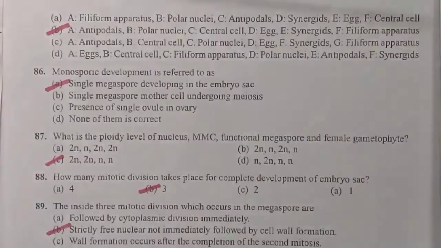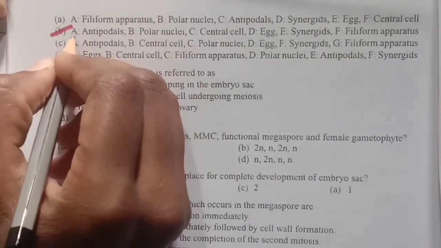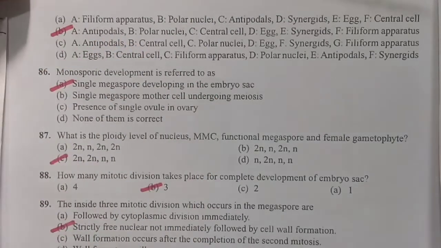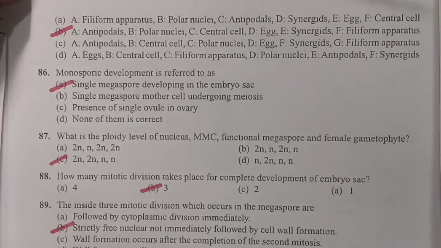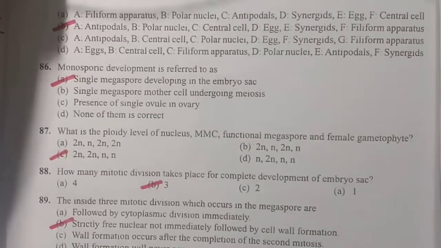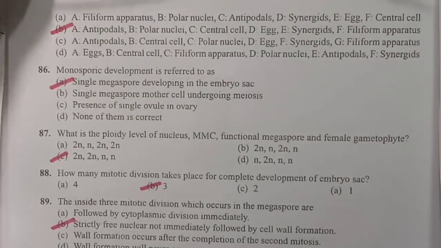Then the correct answer will be the option where A represents antipodals, B polar nuclei, C the central cell, D the female gamete called the egg, E the synergids, and F the filiform apparatus. So option A is correct.